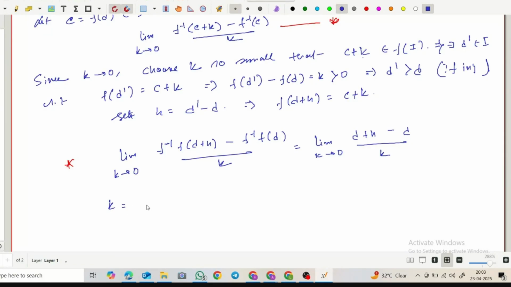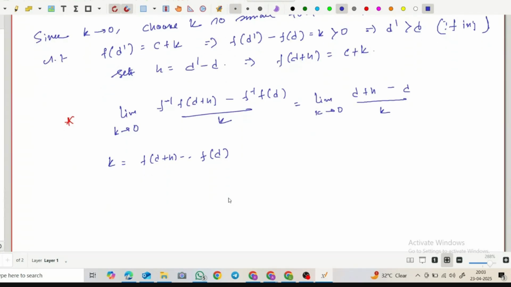So k is f of d plus h minus f(d), right?